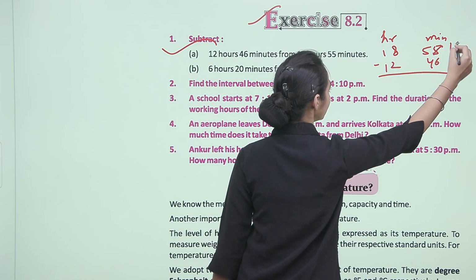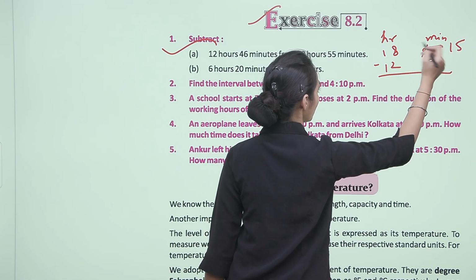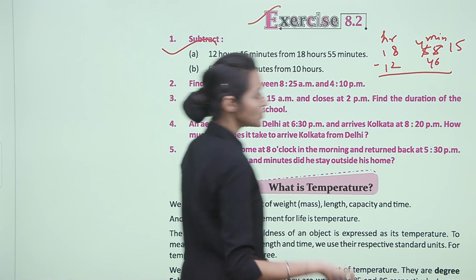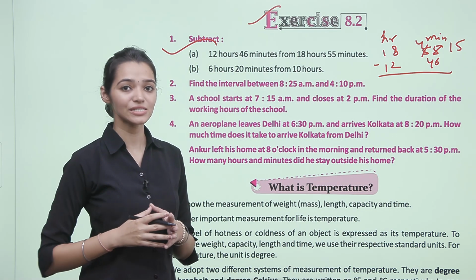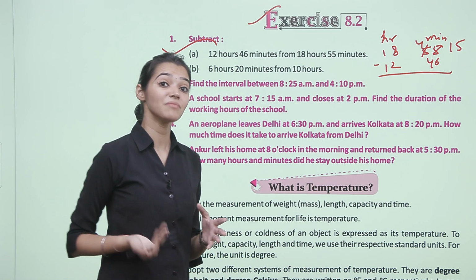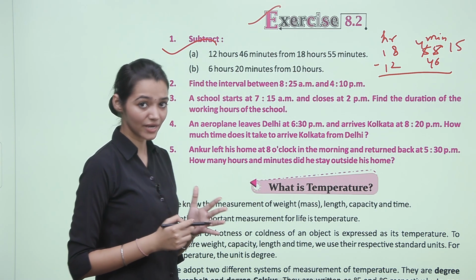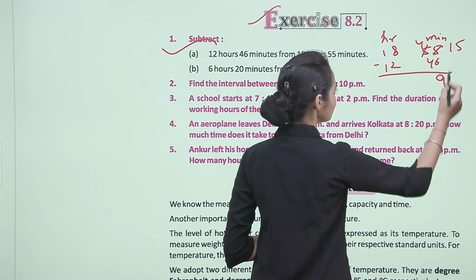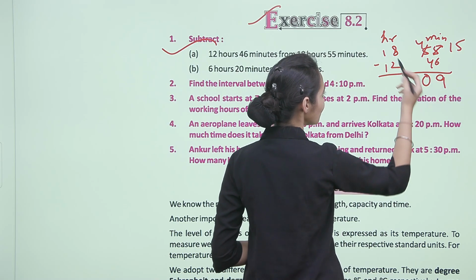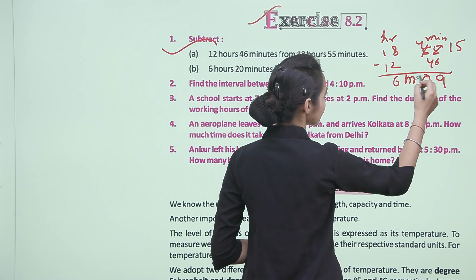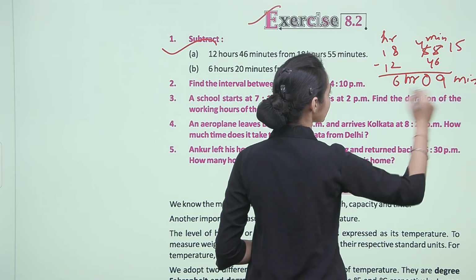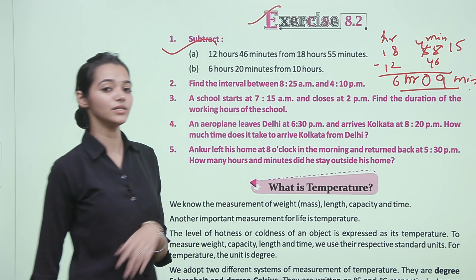So 55 minus 46 is 9, and 18 minus 12 is 6. 6 hours 9 minutes is the correct answer. That's how we can solve the remaining part.